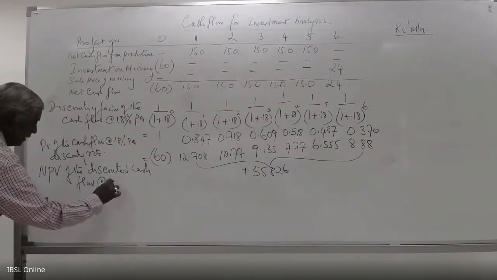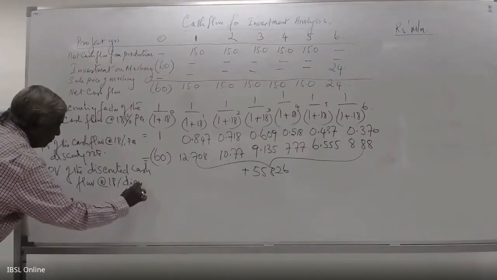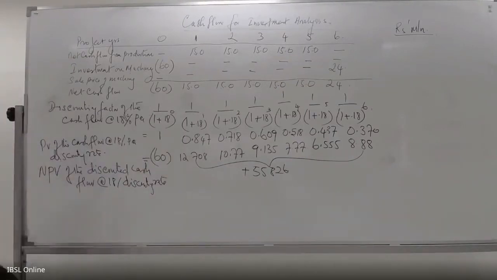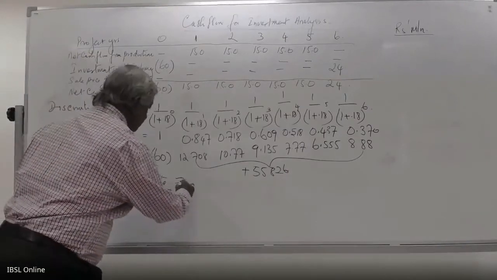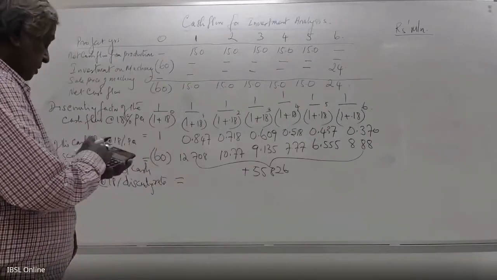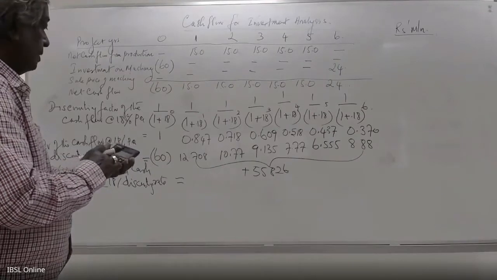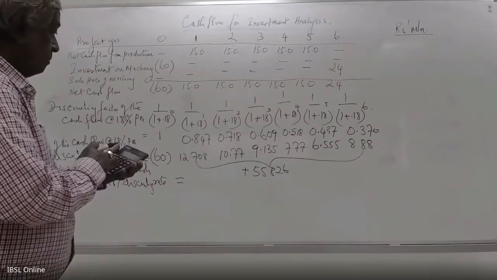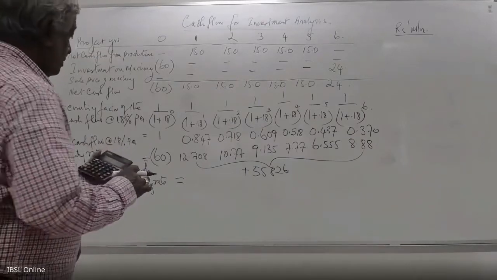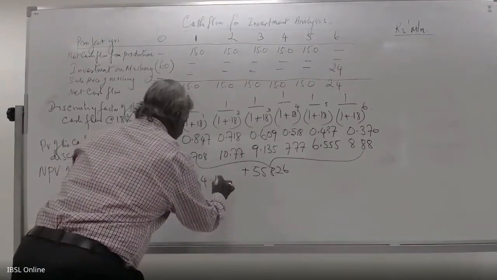at 18% discounting rate. That is equal to minus 4.174.